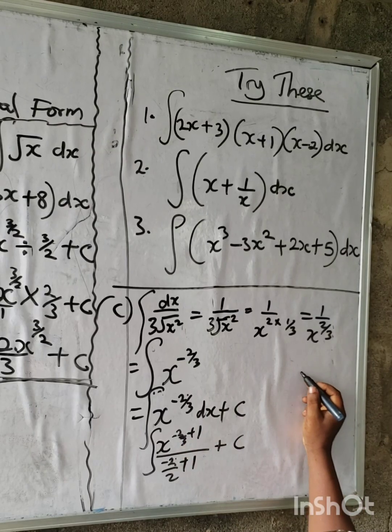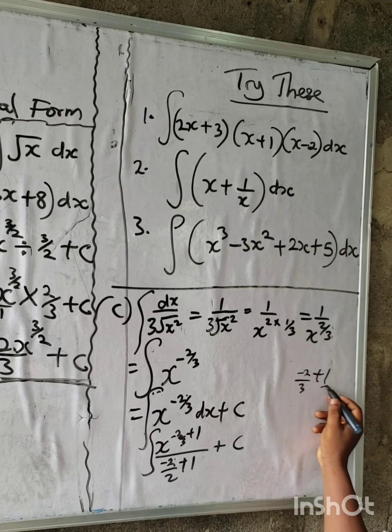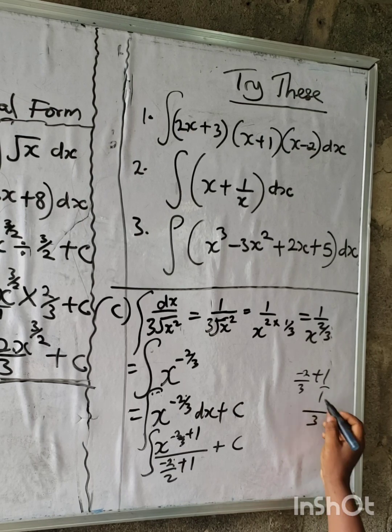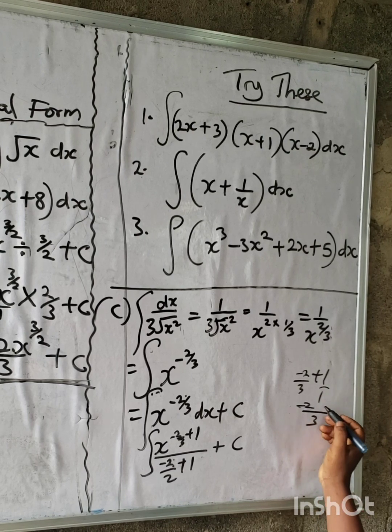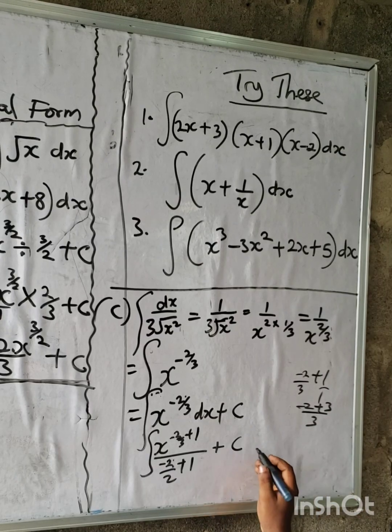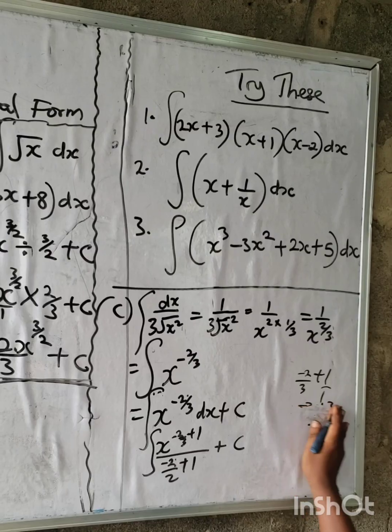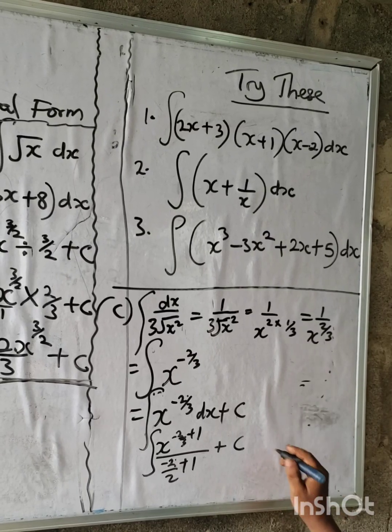How do we work this one out? Minus 2 all over 3 plus 1. The LCM is 3. Minus 2 plus 3, we are having 1 all over 3.